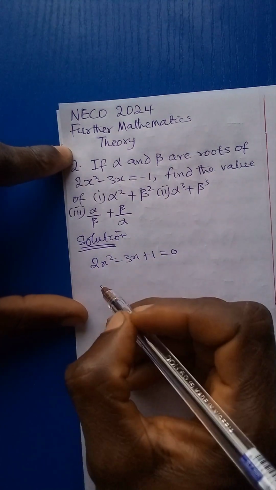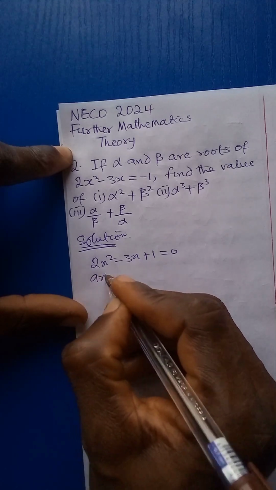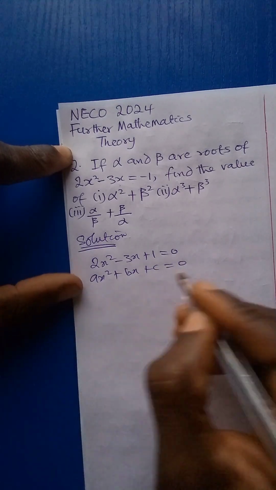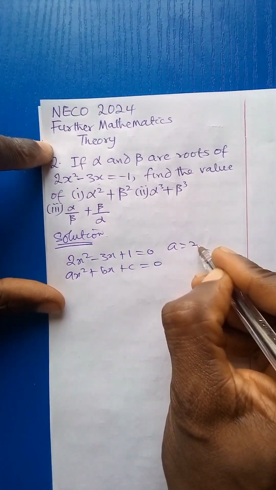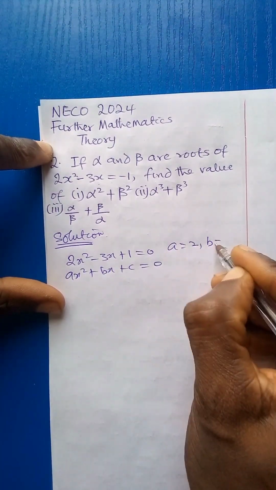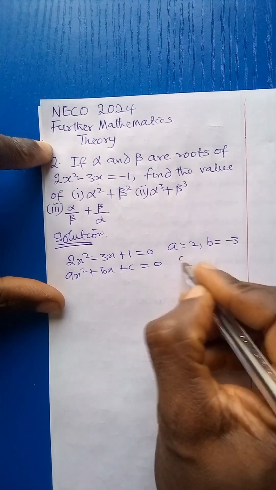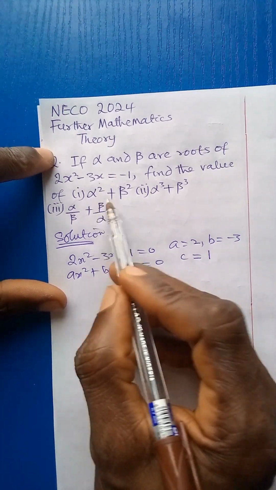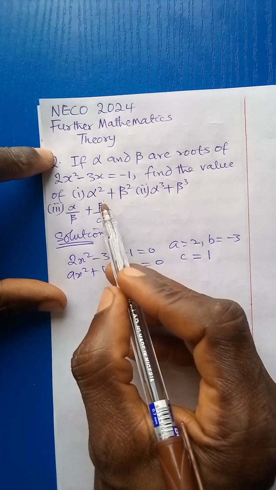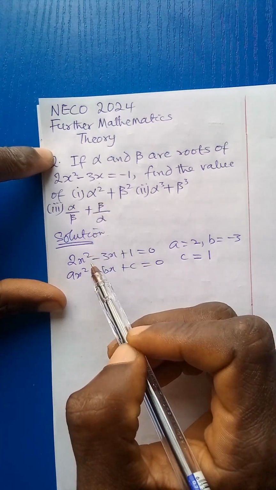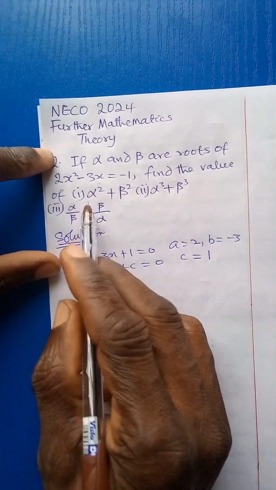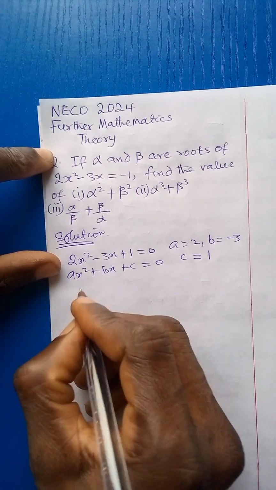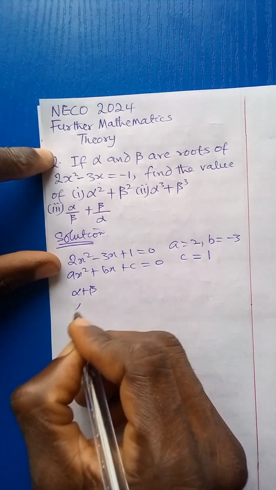Now this is exactly in this form: ax squared plus bx plus c is equal to 0, where a is equal to 2, b is equal to minus 3, and c is equal to 1. So we need to find the values of these combinations of the roots of the equation. The first one is alpha squared plus beta squared. But before we do that, let us find the expression for alpha plus beta and then alpha beta.